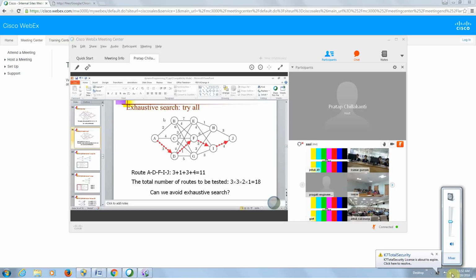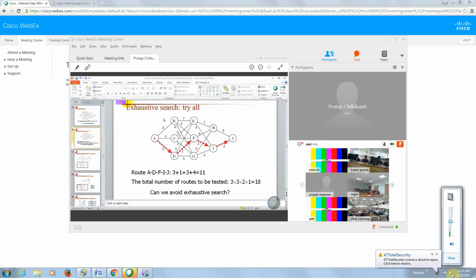Okay, right? How did we get to 18? If you look at going from left to right, there are three choices, right? From A to 3 of them. That is stage 1. Stage 2 is another 3 choices again. Stage 3 is 2 choices, H and I. So BCD is 1 choice, that is 3.